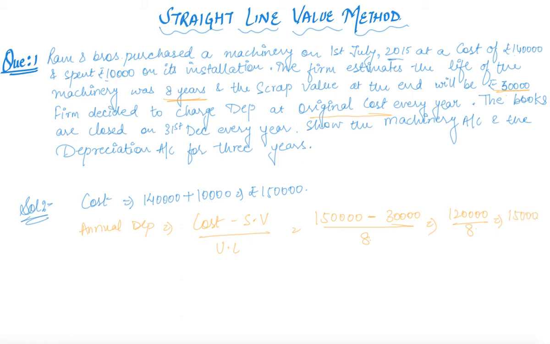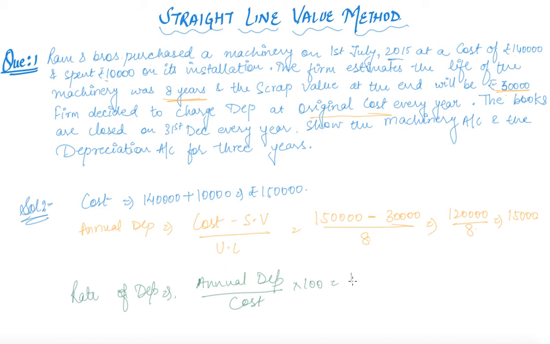Now if we are required to find out the rate of depreciation, what will be the rate of depreciation? It will be annual depreciation divided by cost into 100. So what is your annual depreciation?